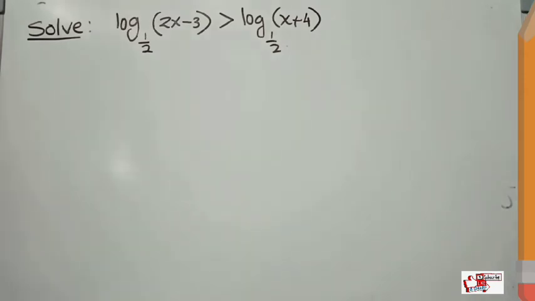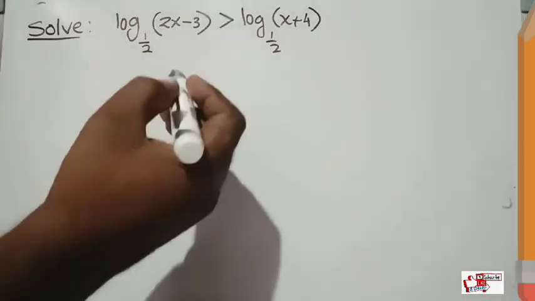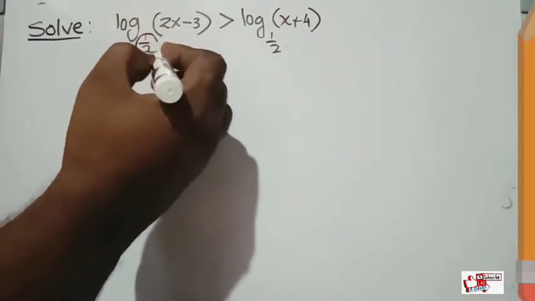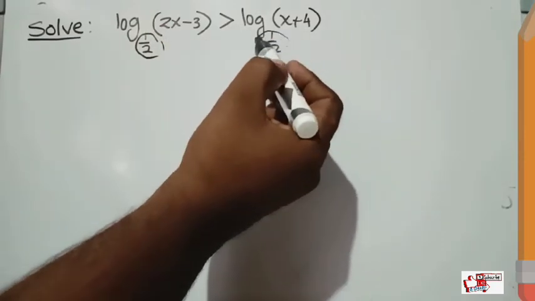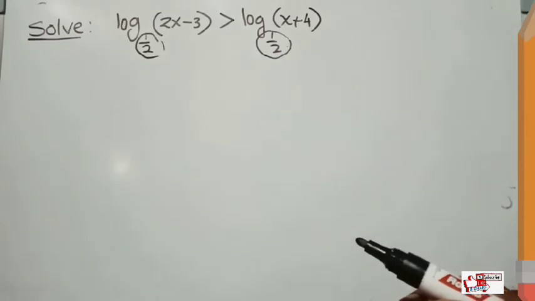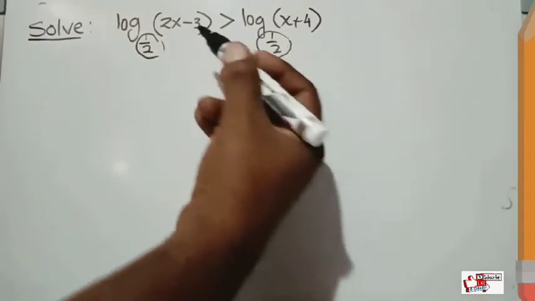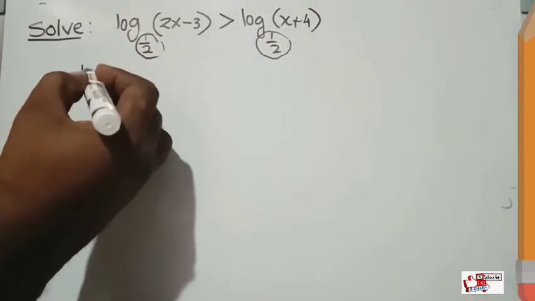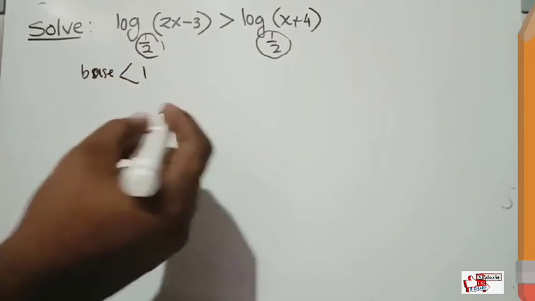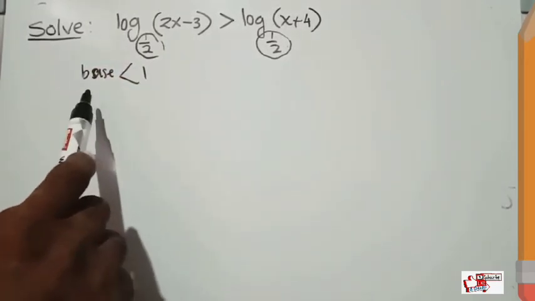So let us find the first value of x. When you consider this logarithm, the first and most important thing you need to take care of is the base. Here the base is half. That means the base is smaller than 1.